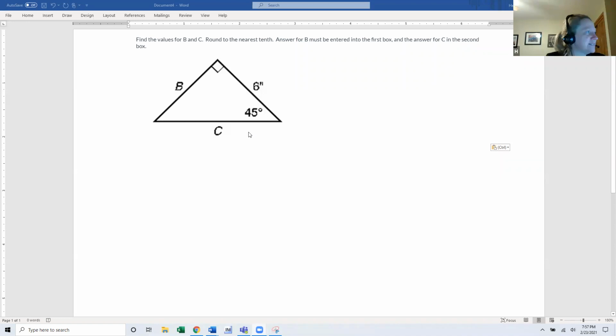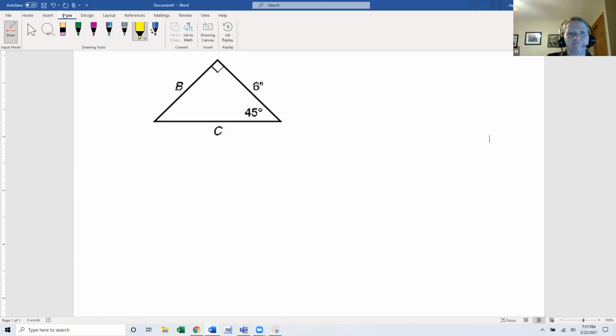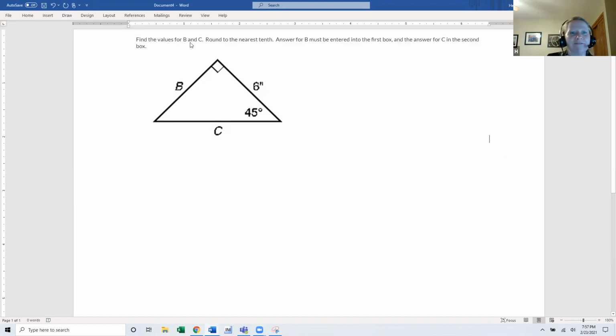Okay, this is number 4 from this week's assessment. Can you see it? A triangle that says BC 6 inches, 45 degrees? All right, good. So it says find the values for B and C, round to the nearest 10th.